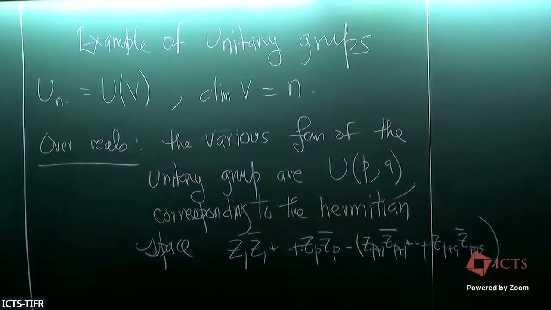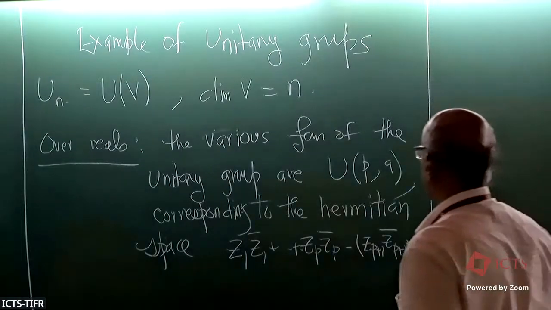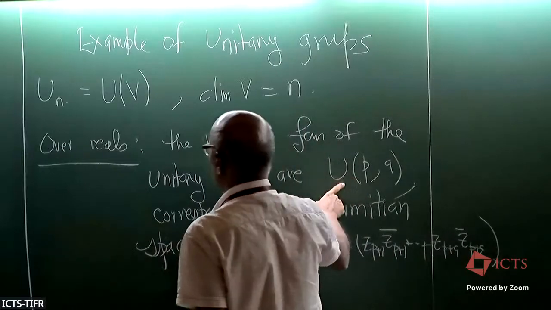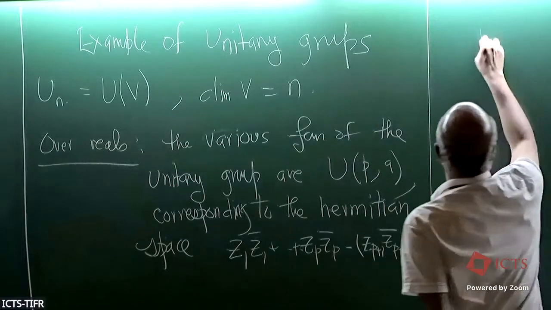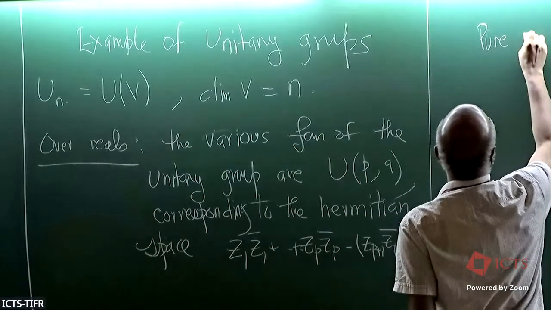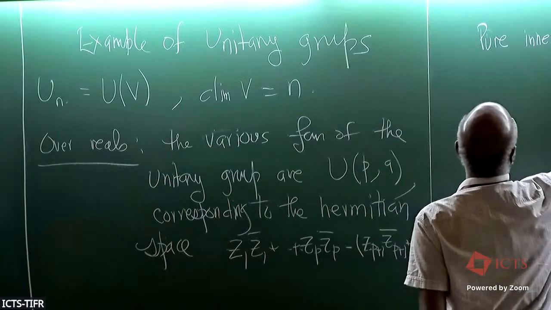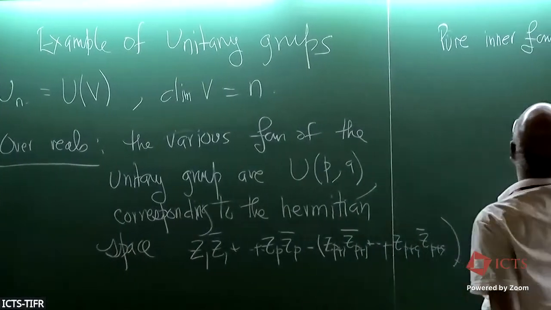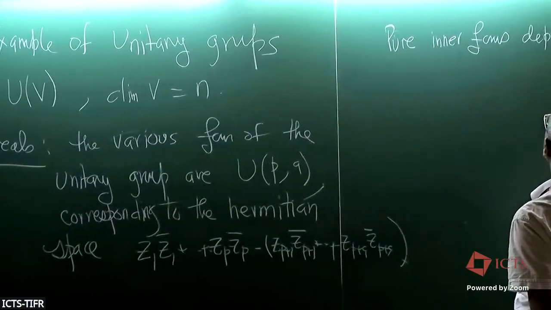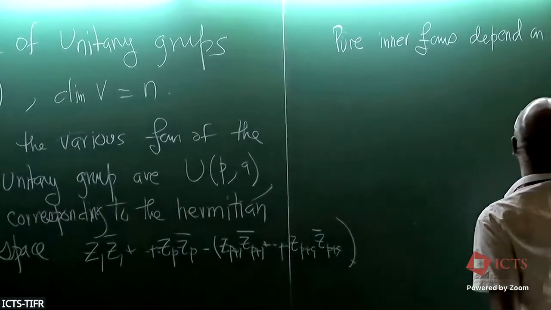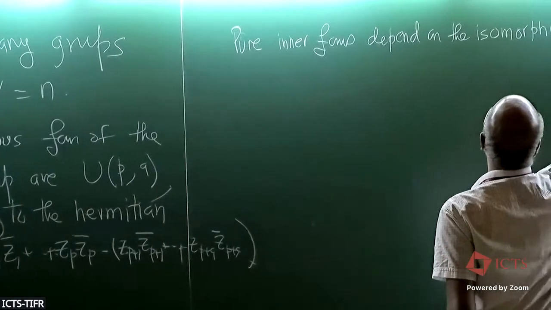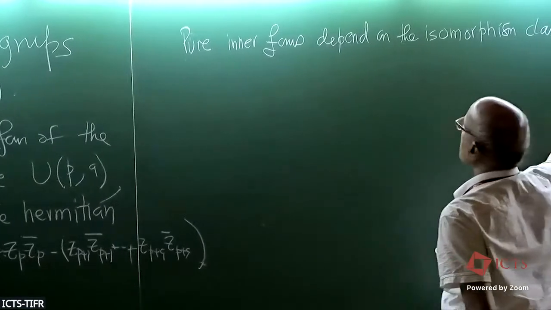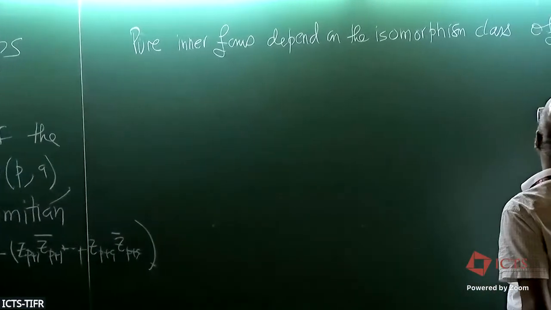So the corresponding isometry group is called U(p,q), and all these groups are what are called inner forms. For pure inner forms, there is one slight detail. Pure inner forms depend on the isomorphism class of the Hermitian space.